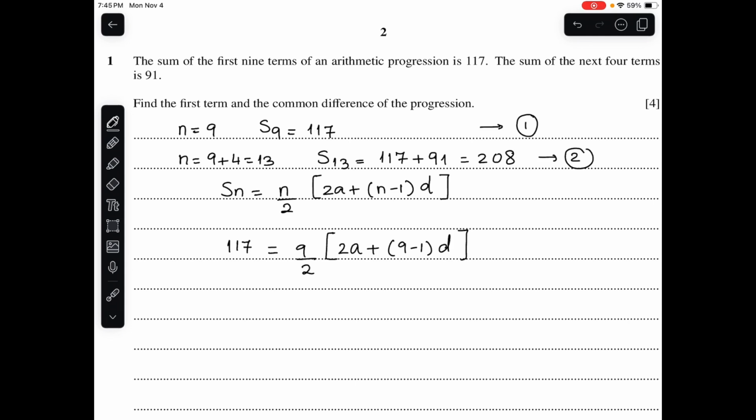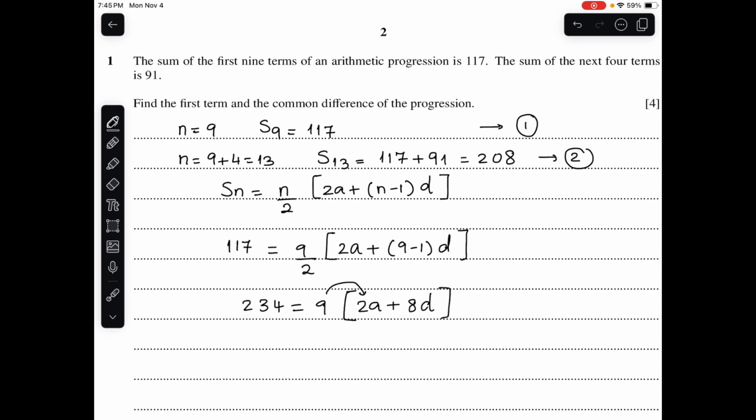So I'm just going to cross multiply this 2 to the other side. So 117 times 2 gives me 234 equal to 9 times (2a plus 8d).